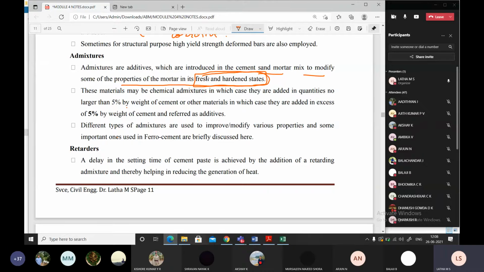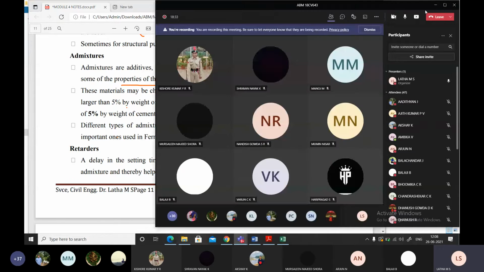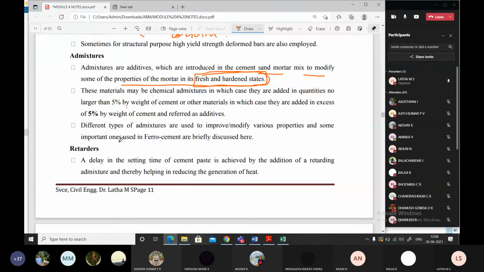What do you understand by fresh and hardened state? It is applied to concrete also.